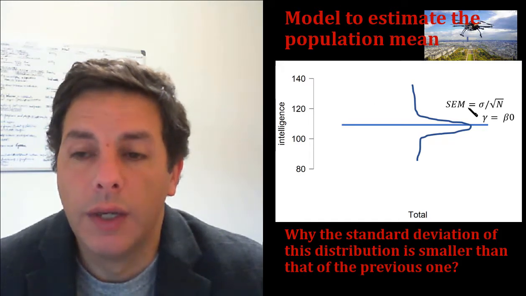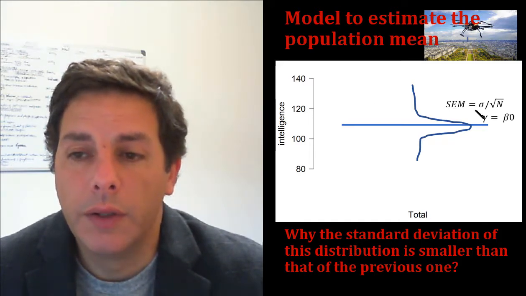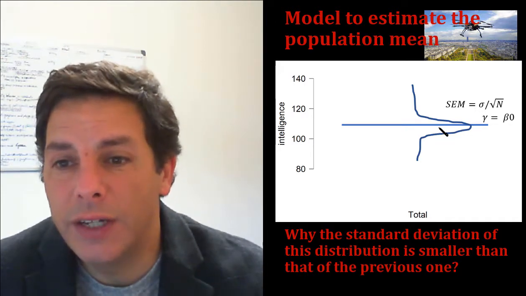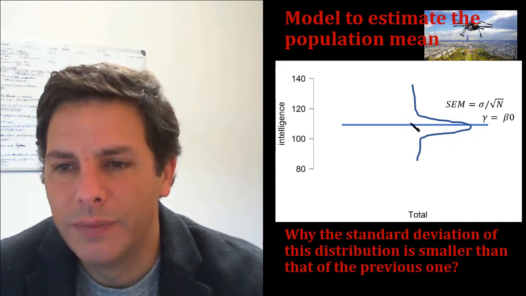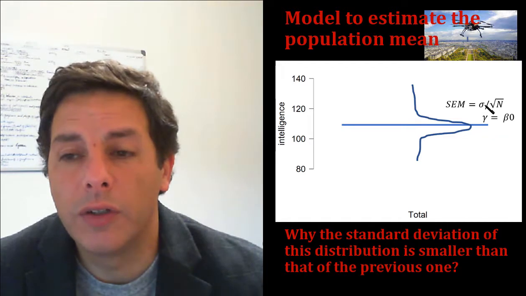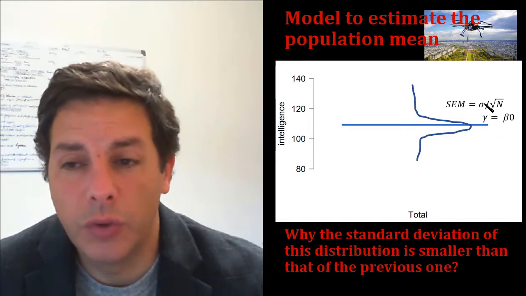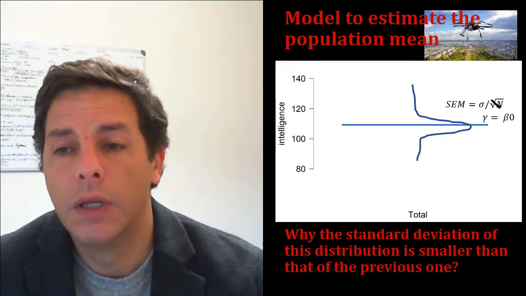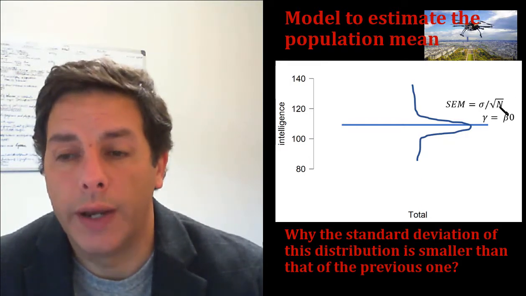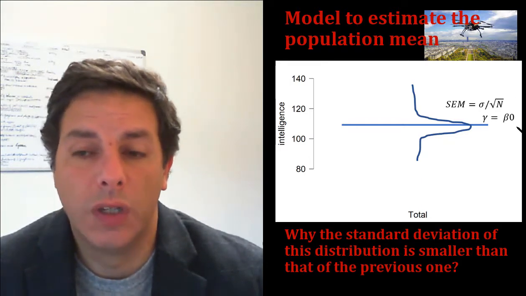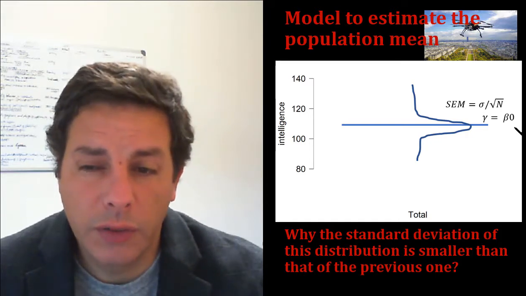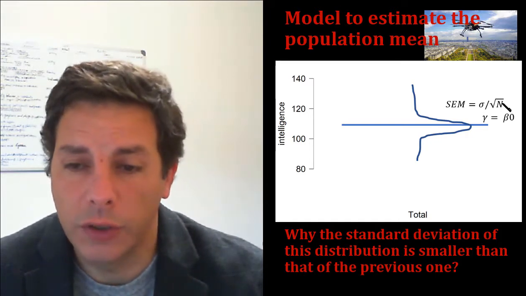So the standard error of the mean is the standard deviation of this distribution, and is calculated by the standard deviation of the population divided by the square root of n. If our sample was of 30 observations, then n is 30.